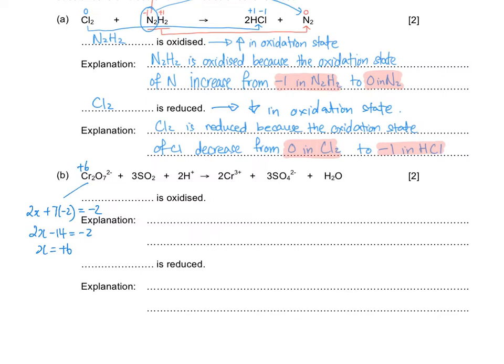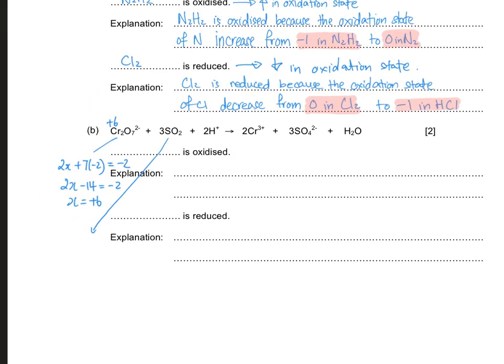Alright, so let's look at this. I'm going to draw it down here so you can see it clearly. Another algebraic expression: x plus 2 times negative 2 equals 0. Why 2 times negative 2? Because there's 2 oxygen and each oxygen is negative 2. So x would be equal to positive 4. The rest, hydrogen, you have the oxidation state.